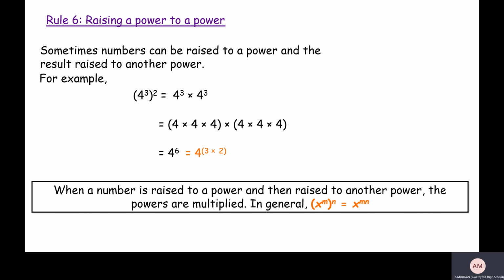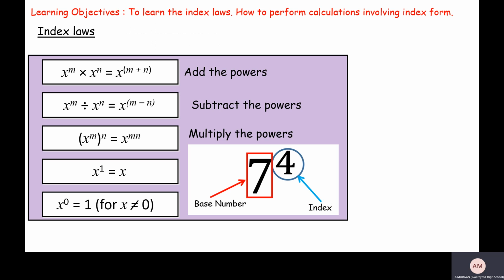Okay, so I've been promising it for a while. Here is your summary slide. So I've got all the index laws and I've got little annotations as well. The first one basically says when you're multiplying things in index form, add the powers. The next one, when you're dividing things in index form, subtract the powers.